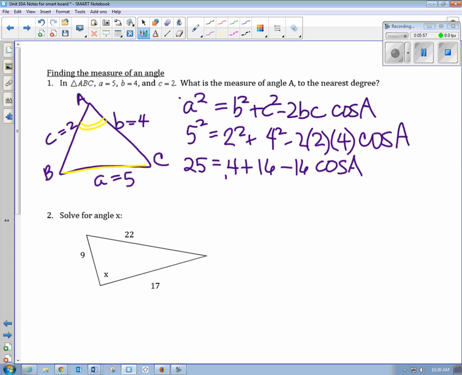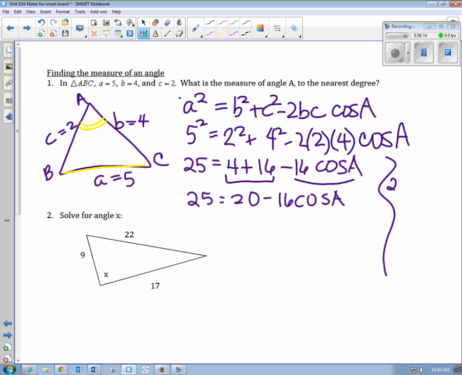On this side, I'm combining these two. This is technically a variable term here, so I cannot combine that. So this is 25 equals 20 minus 16 cosine A. If visually you're trying to make sense of that, it's like having 20 equals 20 minus 16x. Your next step would be to subtract the 20 from both sides.